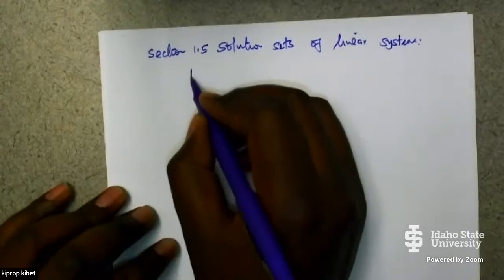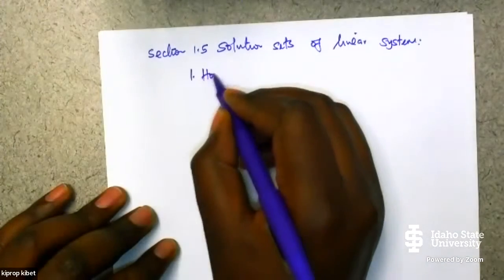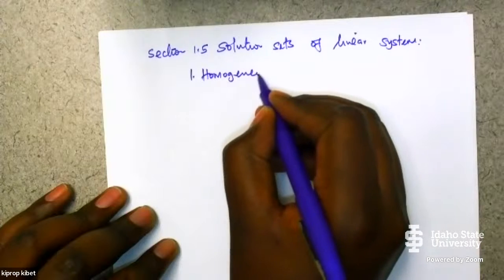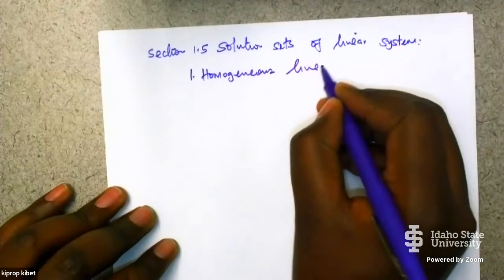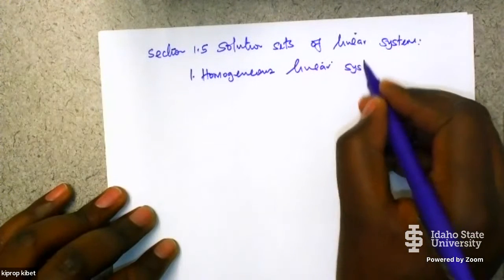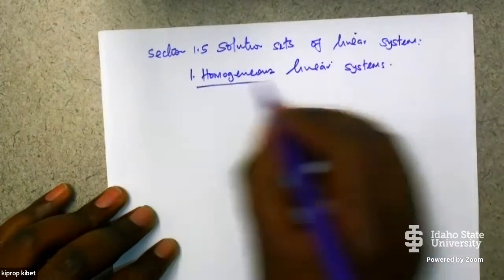The first one we're looking at is the homogeneous linear system.